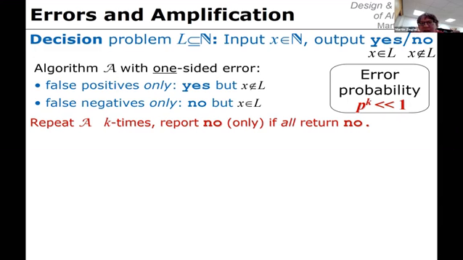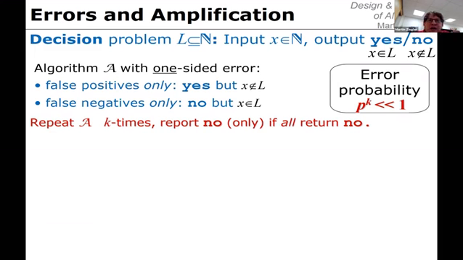So as I said before, we can make even a randomized algorithm in this way have an error probability still positive, but arbitrarily small, in particular smaller than the error probability of what superficially might seem like a deterministic algorithm. So this is our first technique of probability amplification.